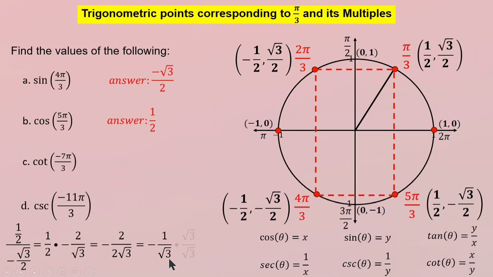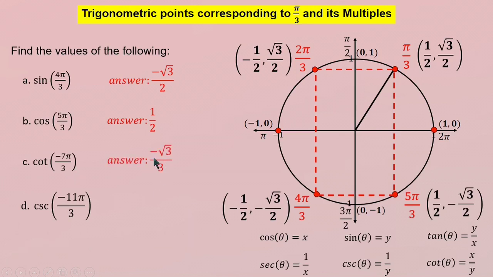Rationalize the denominator, we have negative square root of 3 over 3. Negative 1 times square root of 3 is negative square root of 3, and we cross out the radical sign and copy the radicand 3. Thus, cotangent negative 7 pi over 3 is equal to negative square root of 3 over 3.